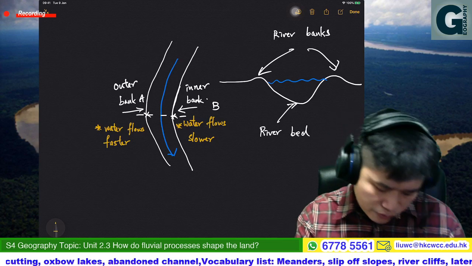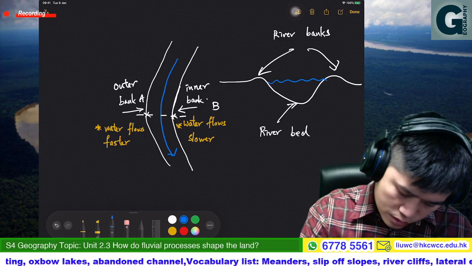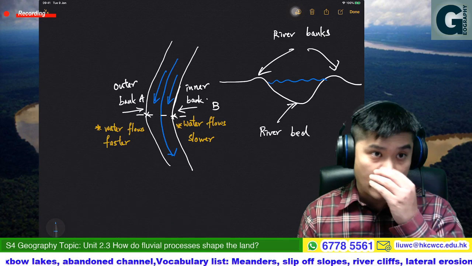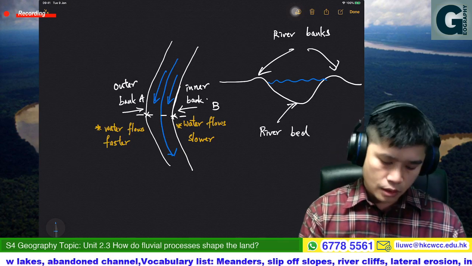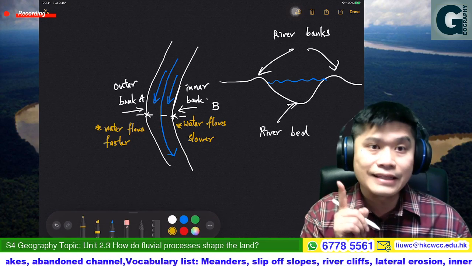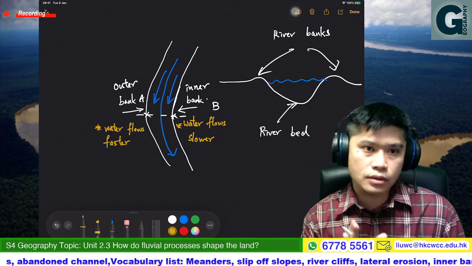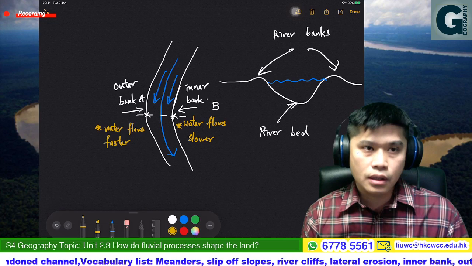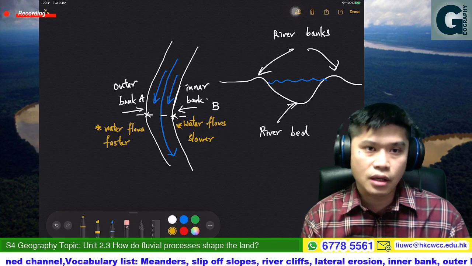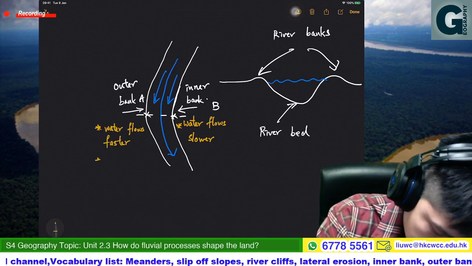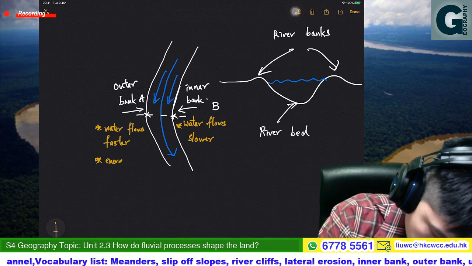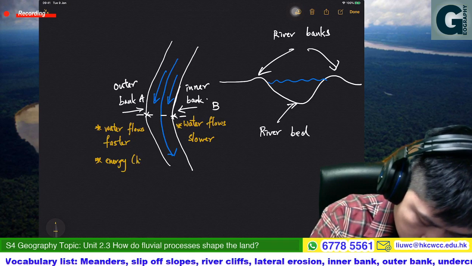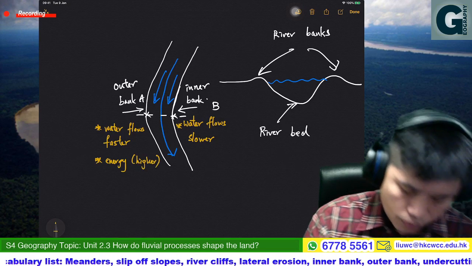It is necessary for us to understand that if the water flows from upstream to downstream, at the outer bank it flows faster, at the inner bank it flows slower. That is what we have learned in the beginning about the concept. If the water flows faster, it means that the river energy at that point would be higher.